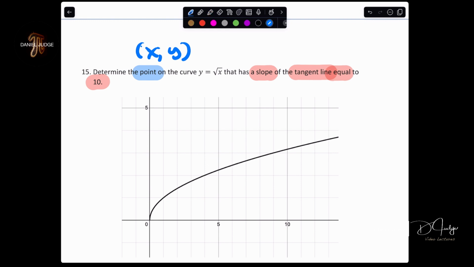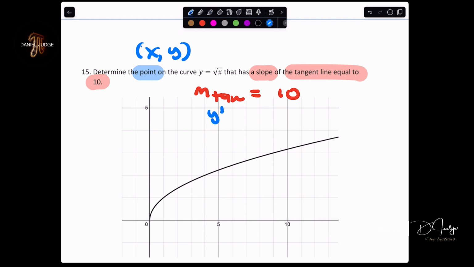Okay, find the location where m tangent equals 10. So take a look at that, ladies and gentlemen. That's exactly what they're saying. Slope of the tangent line is equal to 10. All right. Now, you say, what is m tangent? Well, that's the derivative.